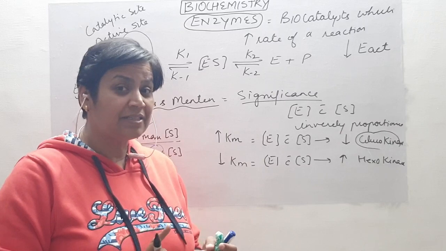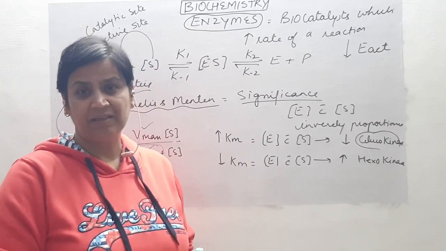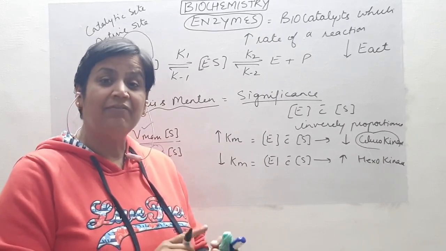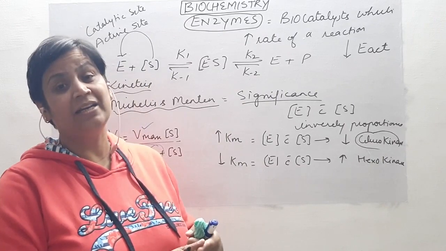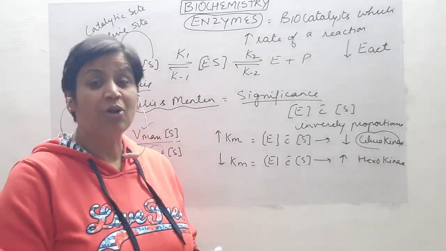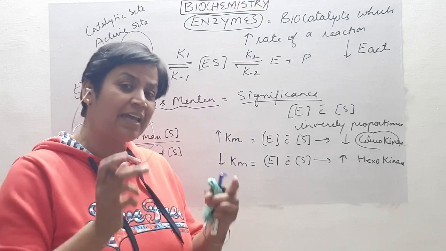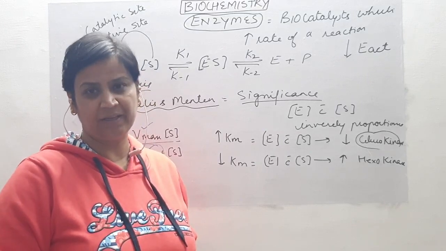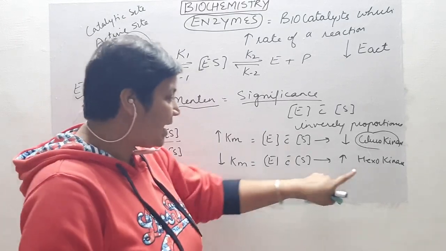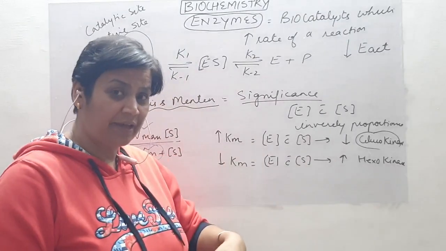The reason is that RBCs, whether in the well-fed state, the starvation state, or the fasting state, have to depend on glucose for energy. So hexokinase plays a very important role there.